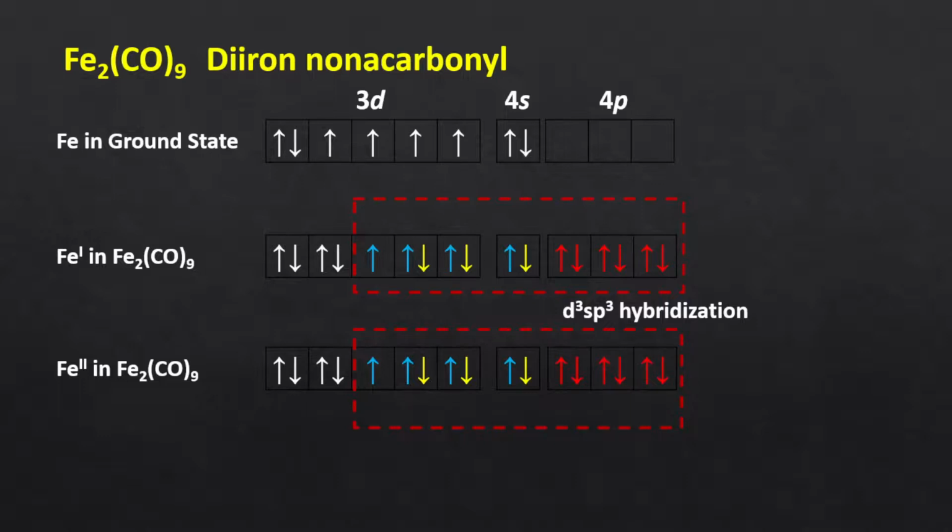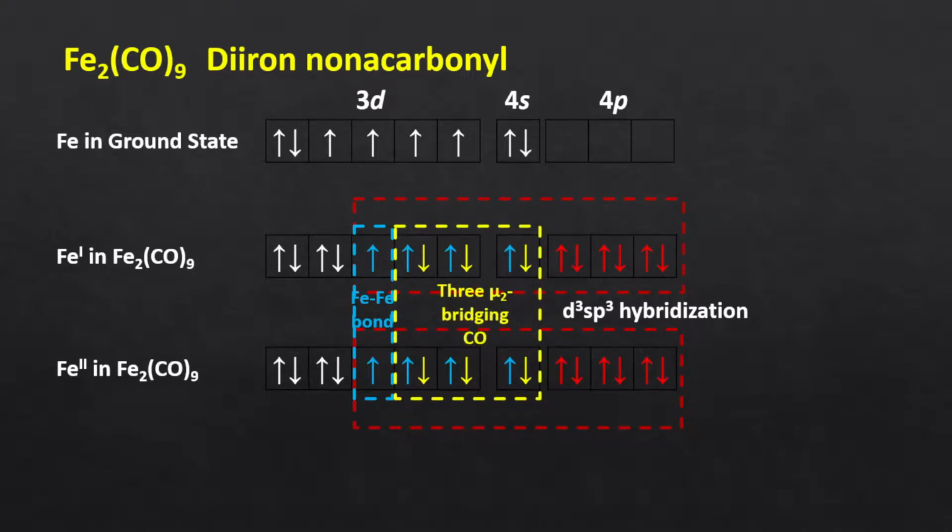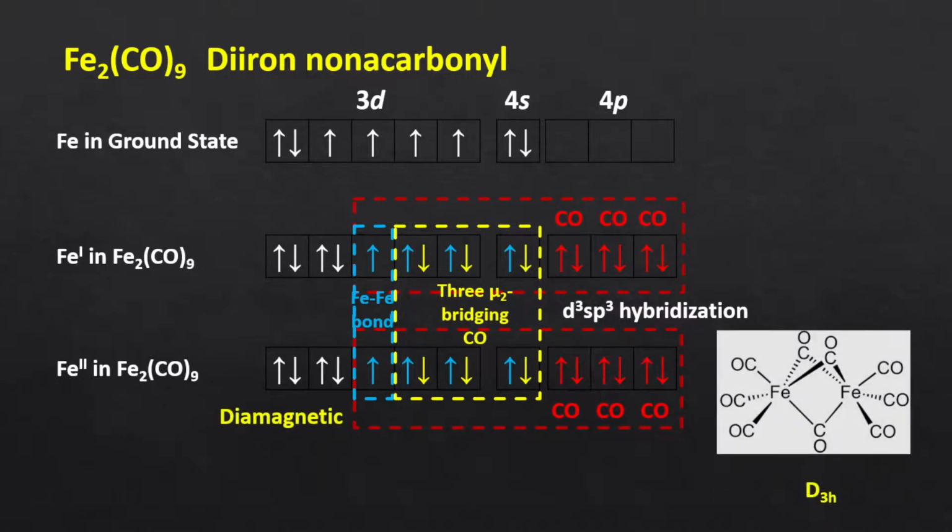One d3sp3 hybrid orbital with an odd electron gets paired with iron-iron bond formation. The other 3 d3sp3 hybrid orbitals with an odd electron overlap with singly occupied sp hybrid orbital to form 3 mu2 bridging carbonyl. Each iron atom accepts 2 pairs of electrons from the 2 carbonyl ligands in its 2 vacant d3sp3 hybrid orbitals. Moreover, there is no unpaired electron, so this complex is diamagnetic, and the point group is D3h.